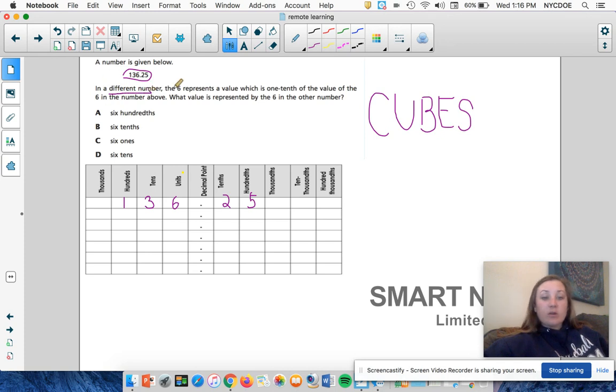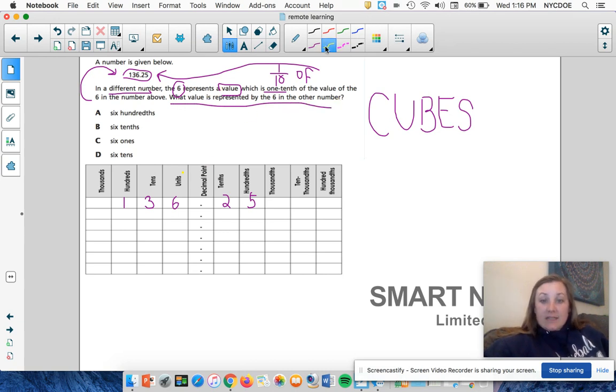We only know that the 6 represents a value which is 1/10 of the value in this number, the 6 above. So what value is represented by the 6 in the other number?